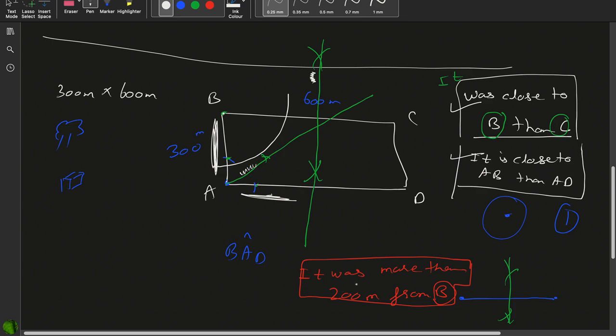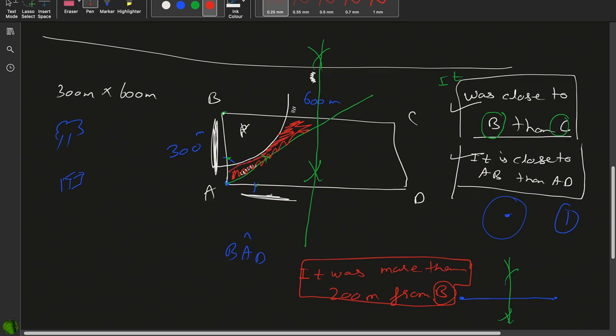Third one, it was more than 200 meters from B. If I draw it on this place, it would be within 200. So this is not the case. More than 200 is outside this arc. So my final answer is this shaded area, this region.